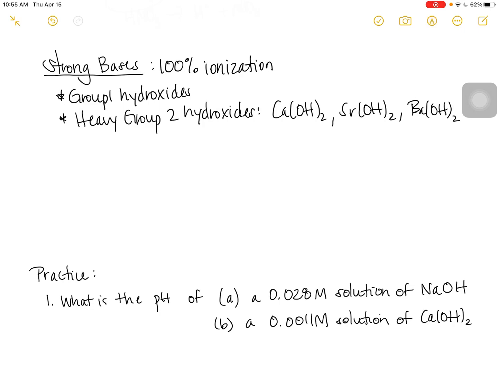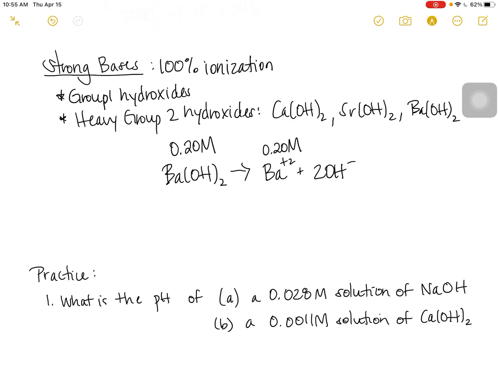So again, because they have 100% ionization, for example, something with barium hydroxide, okay, if I started with a 0.2 molar solution, well, I would get a 0.2 molar concentration of the barium ion, but I would get double, right, the concentration of the hydroxide ion. But I can always know this number because it's 100% ionization, and I can use that number to then calculate a pOH, a pH, and so on and so forth.